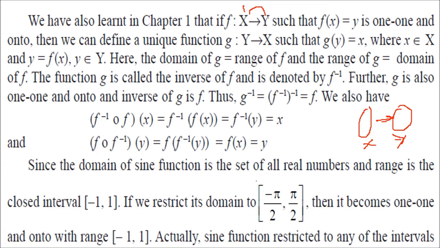For any function from X to Y, if f(x) equals y, and if this is 1-1 and onto, that means we can define a g from Y to X because it is 1-1 and onto, such that if f(x) equals y, then g(y) will be equal to x, where x belongs to capital X and y belongs to capital Y. So the domain of g is the range of f, and the domain of f is the range of g.